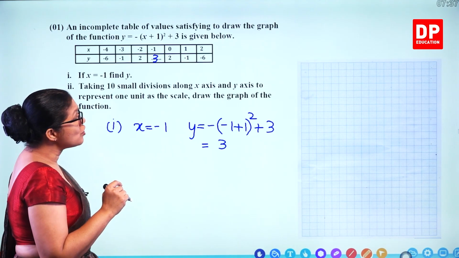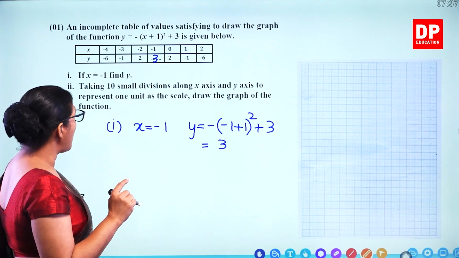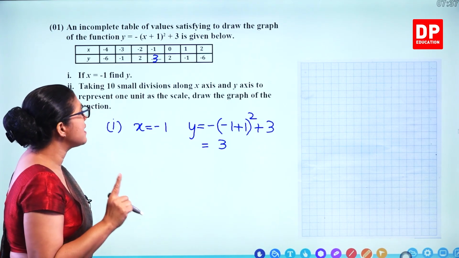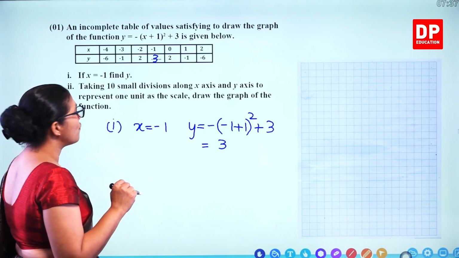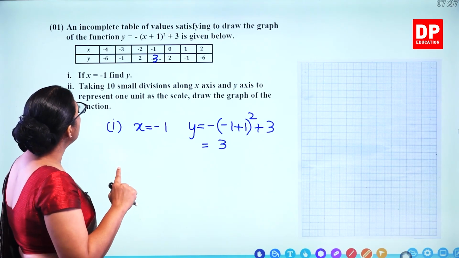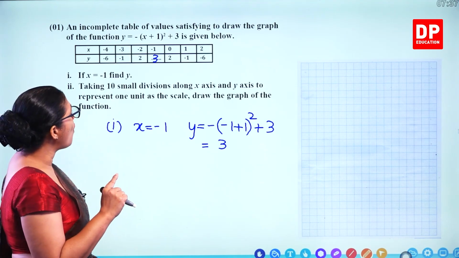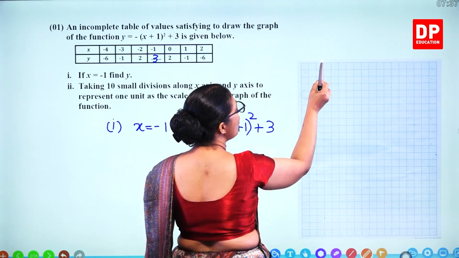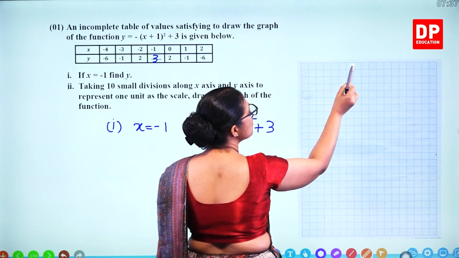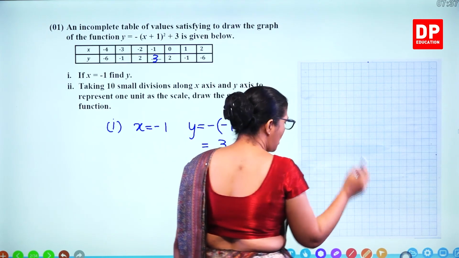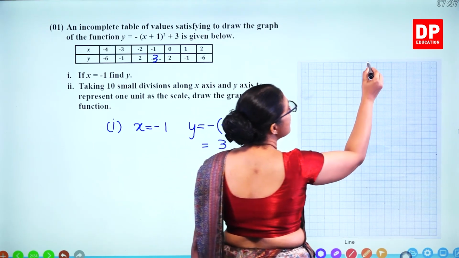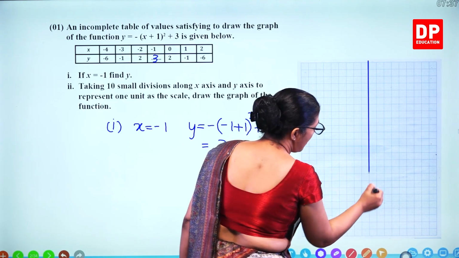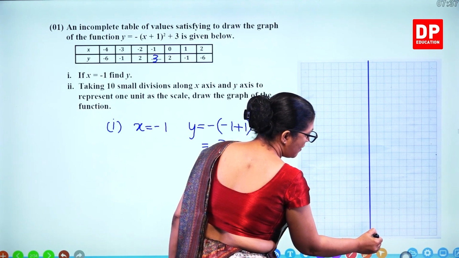Taking 10 small divisions along the x-axis and y-axis to represent 1 unit as the scale, draw the graph of the function. What's the minimum x value? Minus 4. So minus 4 to 2. If you start from here, minus 4, minus 3, minus 2, minus 1, 0. So this is the y-axis.